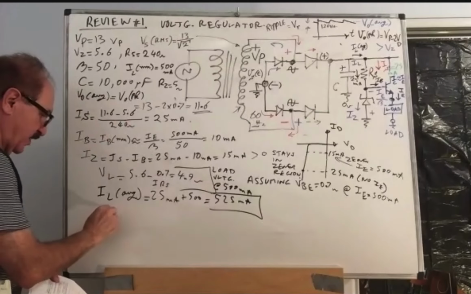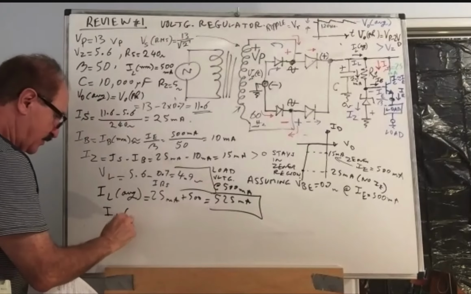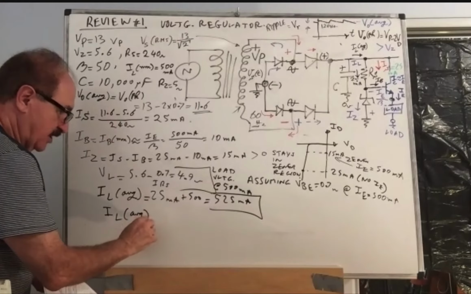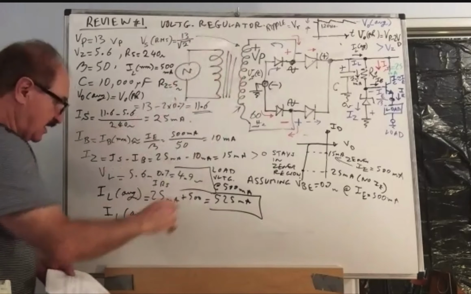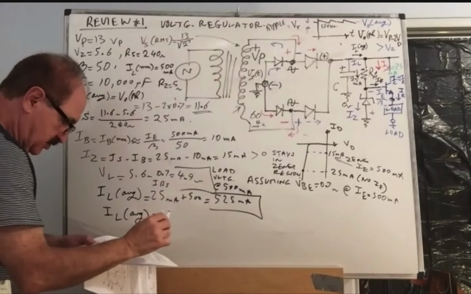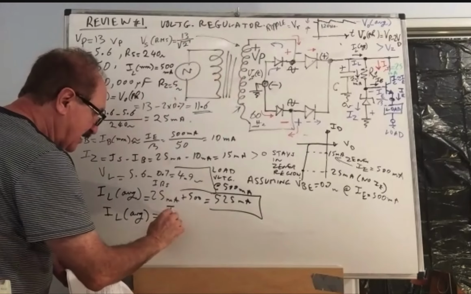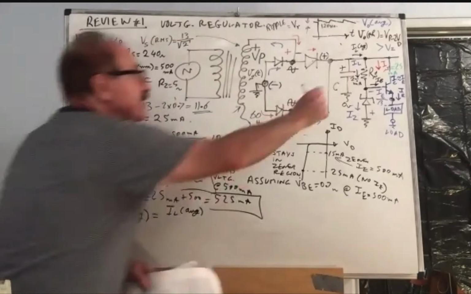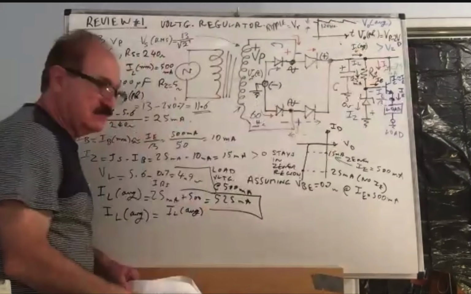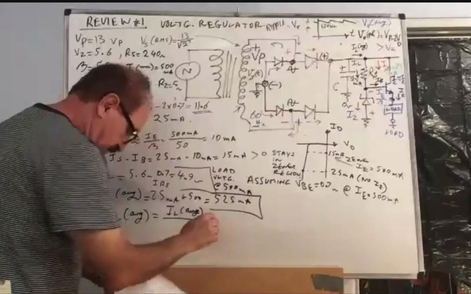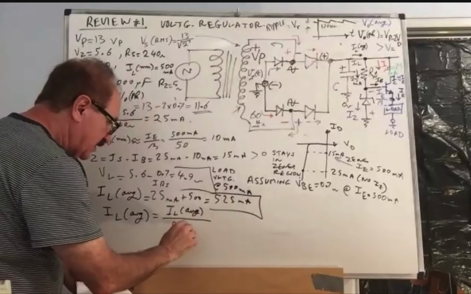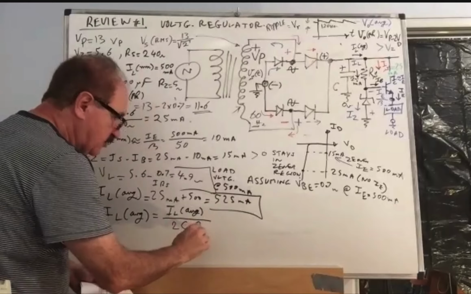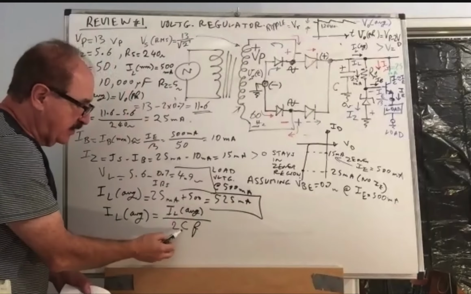Remember, in a full-wave rectifier, those of you who took the 2200 with me, all that detail is there, the ripple is equal to IL average, the average current that is draining, divided by twice the capacitor times the frequency.